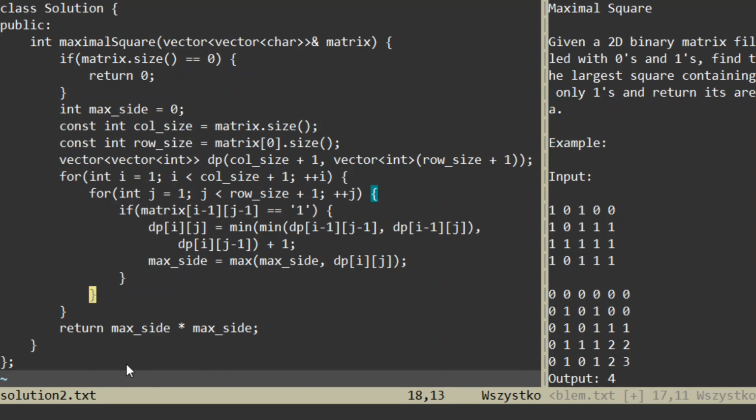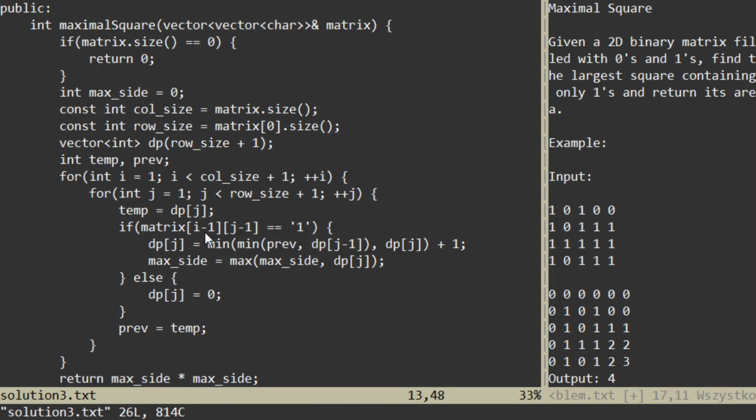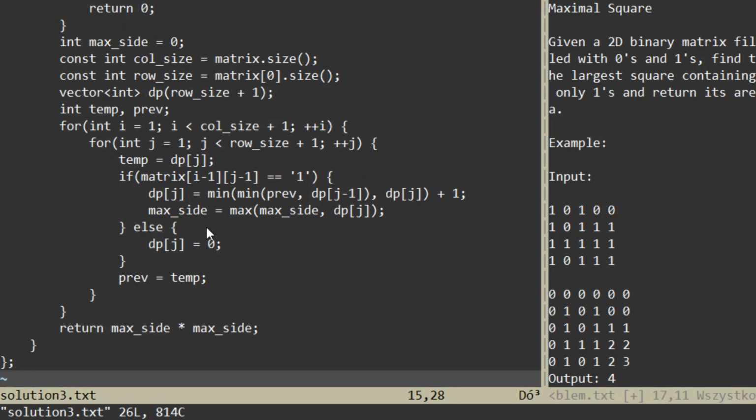Maybe I can show you in another example. Yes, here, and we have almost the same, but we don't have a matrix, we have only a vector here.